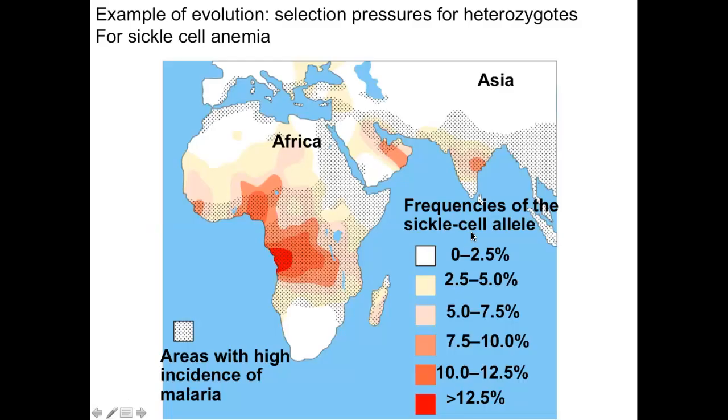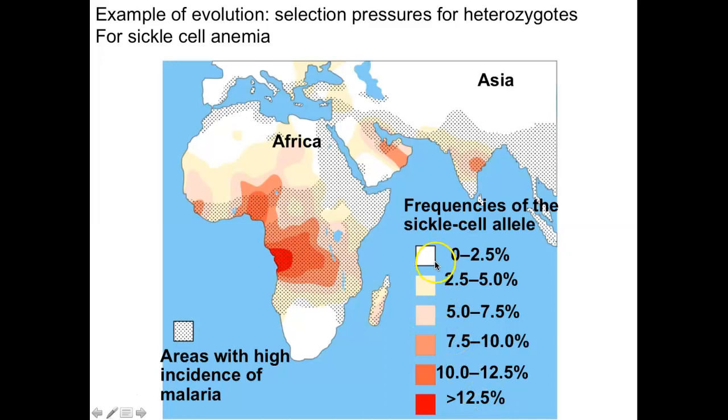This is the last example in this chapter, where we have natural selection happening right now in human populations, in Africa and parts of Asia. The dots are areas with malaria, and the color is the incidence of sickle cell anemia.